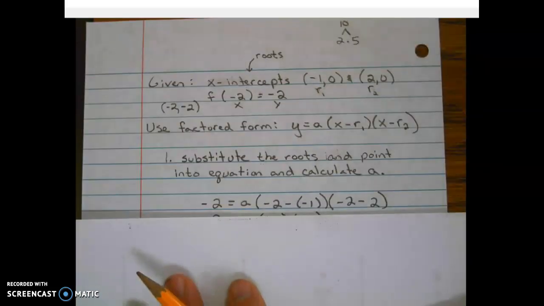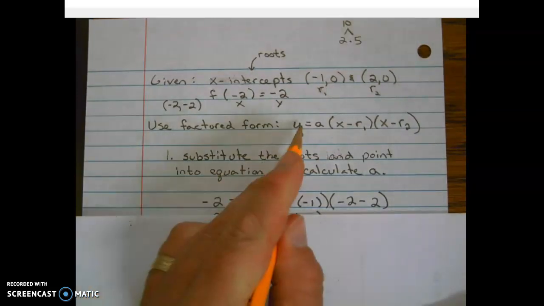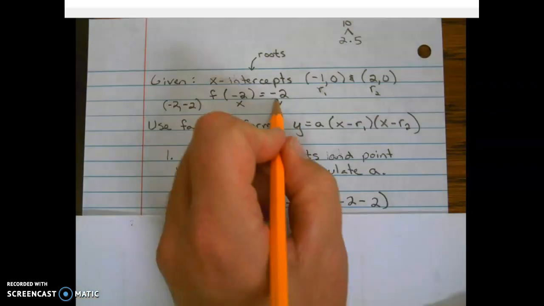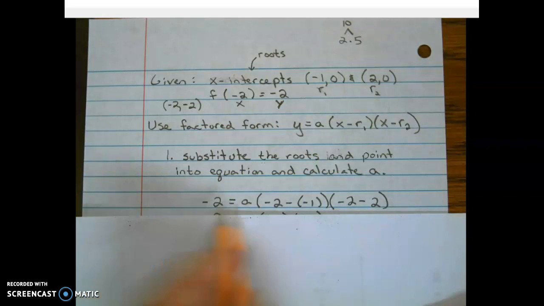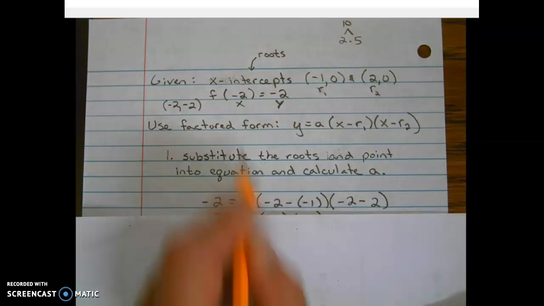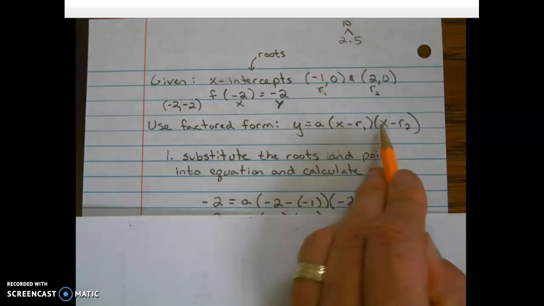So notice I plugged in for y, that's this variable right here, -2, which I labeled right here. We're going to find a. The two x's are going to be the same because x is -2, so -2 goes in for both x's in the format.